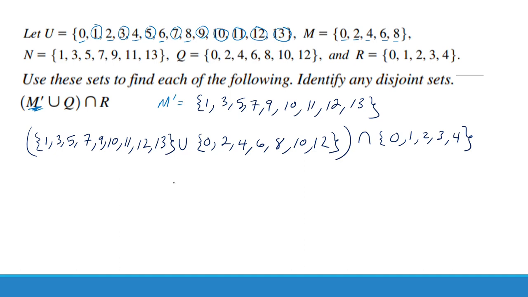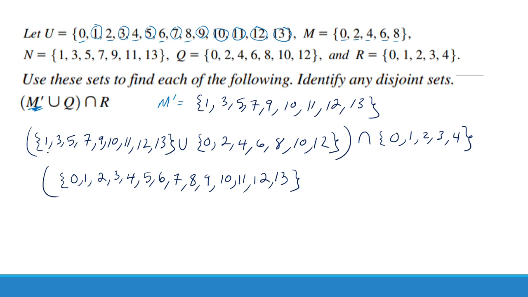Now the union, remember, is in one set or the other, so we're just going to make a list of the numbers. We have 0, 1, 2, 3, 4, 5, 6, 7, 8, 9, 10, 11, 12, and 13.